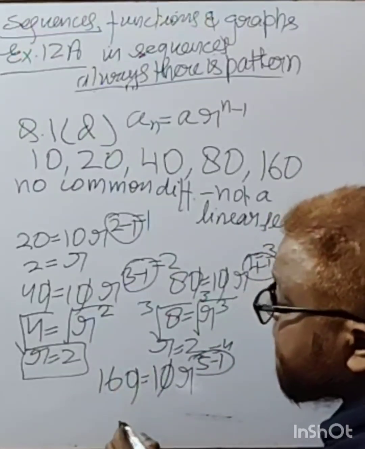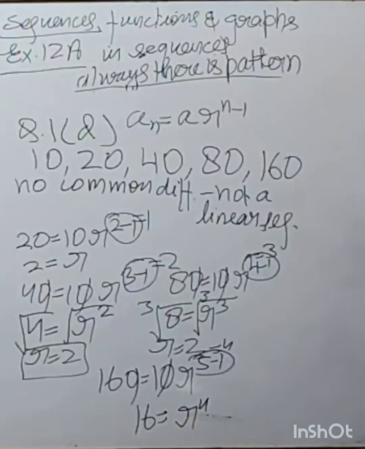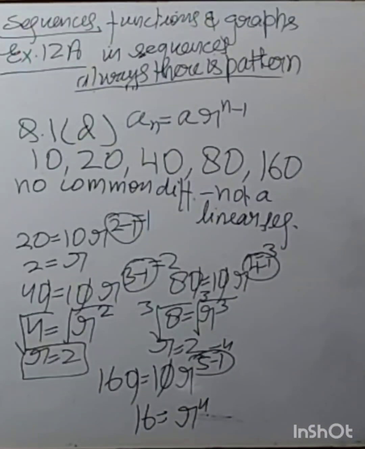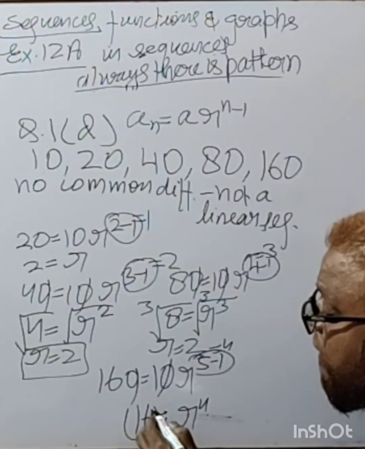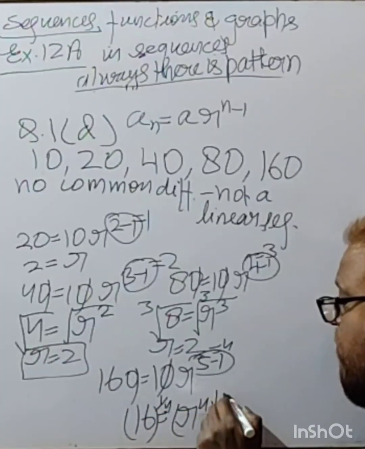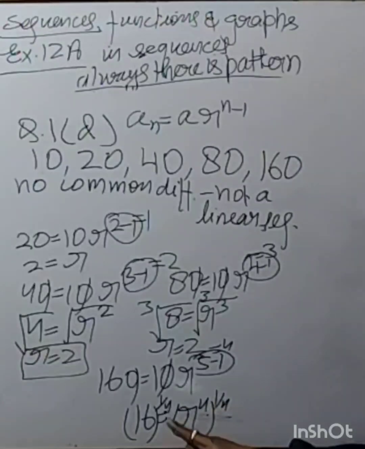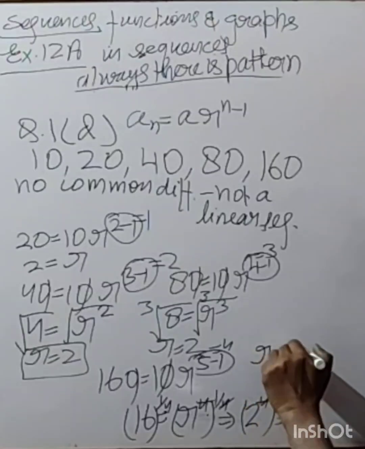This 0 and 0 cancel out. So 16 is equal to r raised to the power 4. If on both sides we raise to the power 1 upon 4, then 2 raised to the power 4, whole power 1 upon 4, the 4 and 4 cancel out and is equal to r. So r is equal to 2.